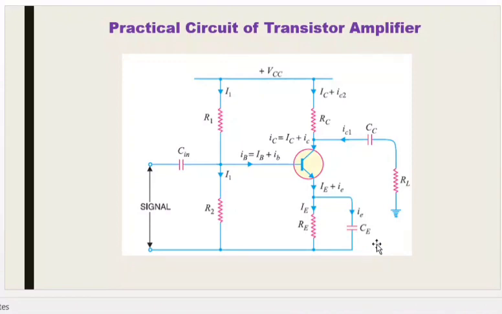At the emitter, we have connected one capacitance, that is CE. It is connected in parallel to the RE. If the capacitor is not connected, the AC signal will flow through RE and the voltage will drop.